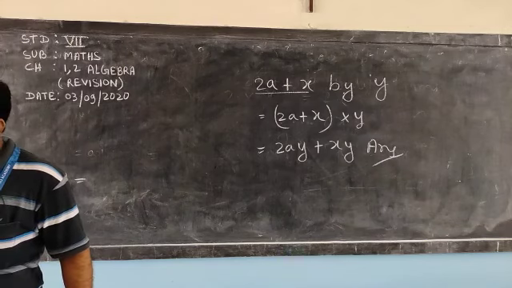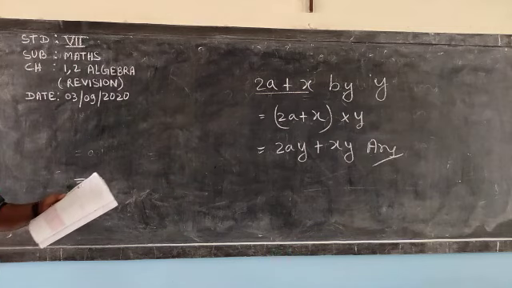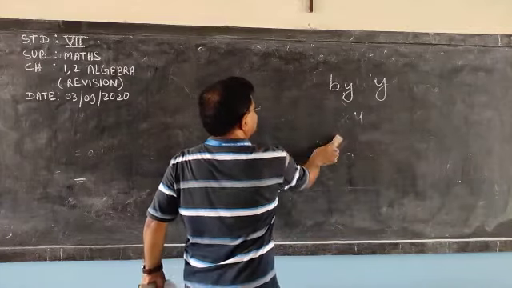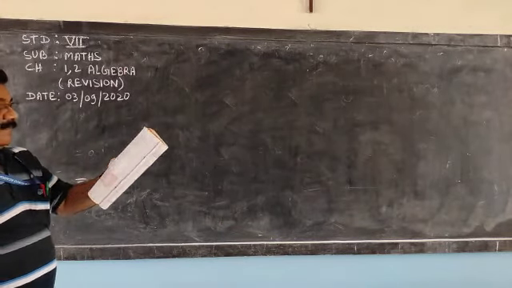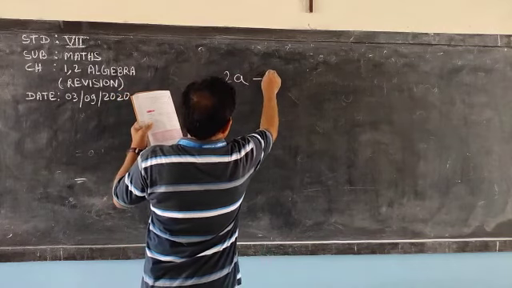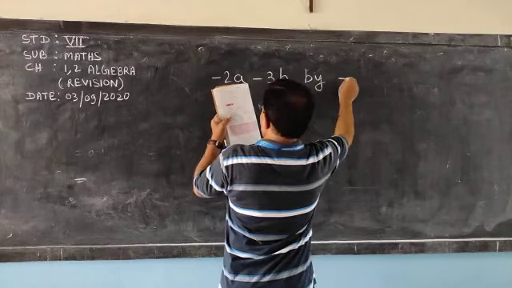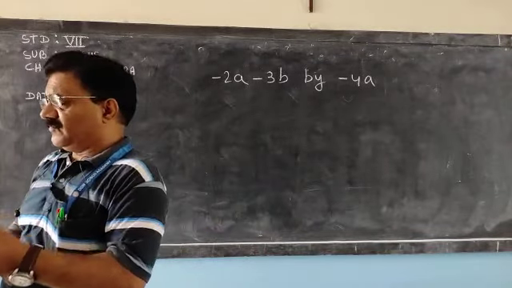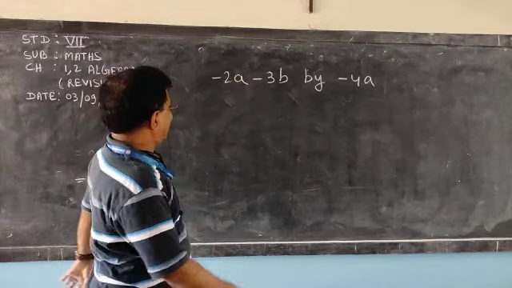So that part is clear. Some more questions let us discuss. One more question related to multiplication. Multiply minus 2a minus 3b by minus 4a. Dear children, what I have told you, that if two terms or more than two terms are there, put them in a bracket.